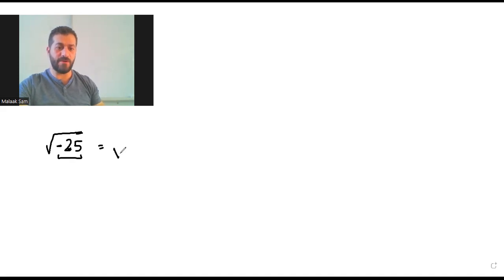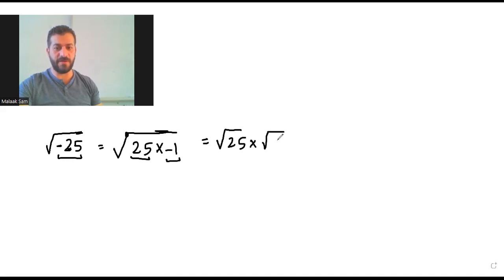But we can write negative 25 as 25 multiplied by negative 1. And when having two numbers under the square root, like 25 and negative 1, we can write the square root of 25 times the square root of negative 1.